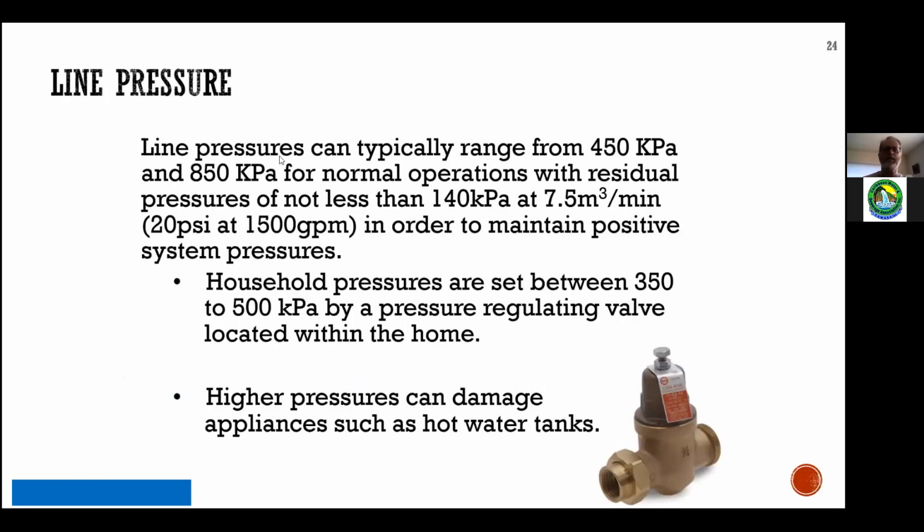Okay, so what's an acceptable pressure in the system? Well, the American Water Works Association suggests the lowest acceptable under normal operation would be 140 kPa or about 20 psi. So think about the highest areas of elevation in a distribution system.